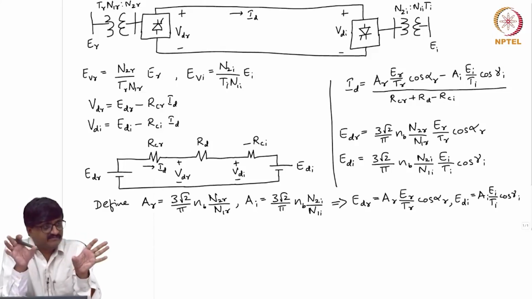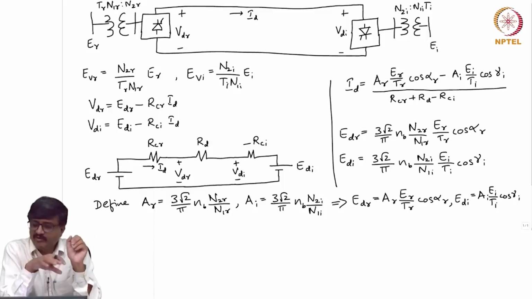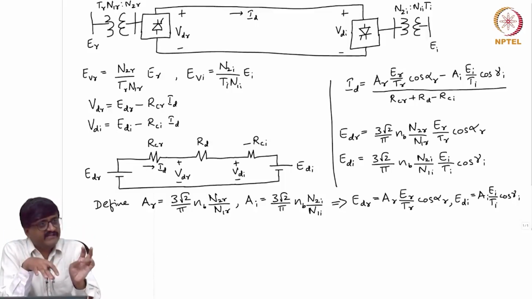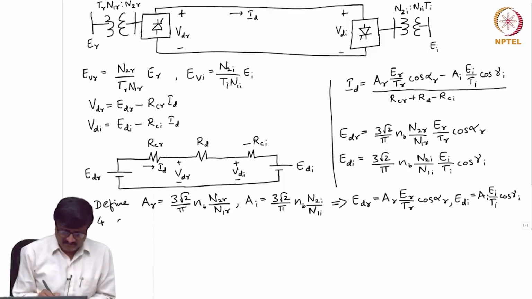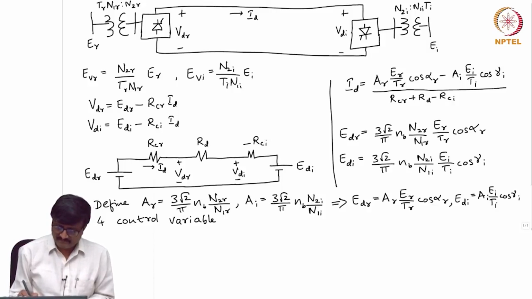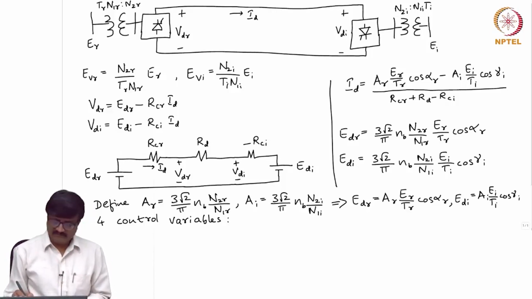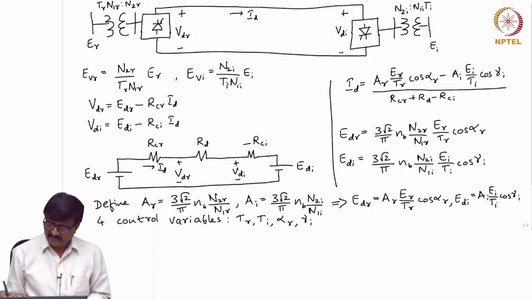They depend on the AC system on the inverter side and the rectifier side. What can be controlled by the user are TR, TI, alpha R and gamma I.